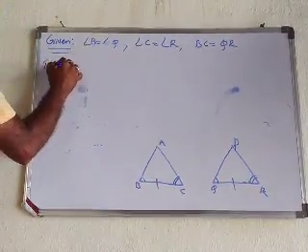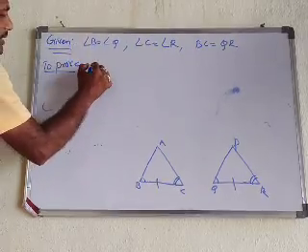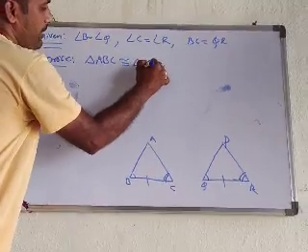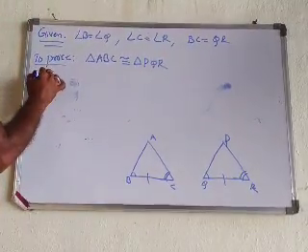So what we need to prove? We need to prove that triangle ABC is congruent to triangle PQR. So, proof.